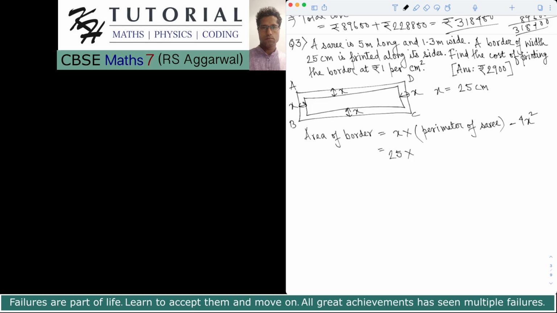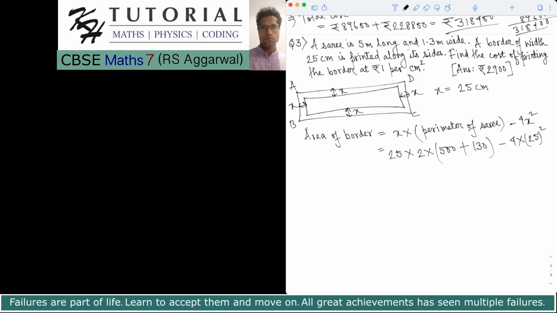The perimeter of the sari will be 2 multiplied by the length of the sari, 5 meter, which is 500 centimeter, plus the width of the sari, 1.3 meter, which is 130 centimeter, minus 4 multiplied by 25 square.